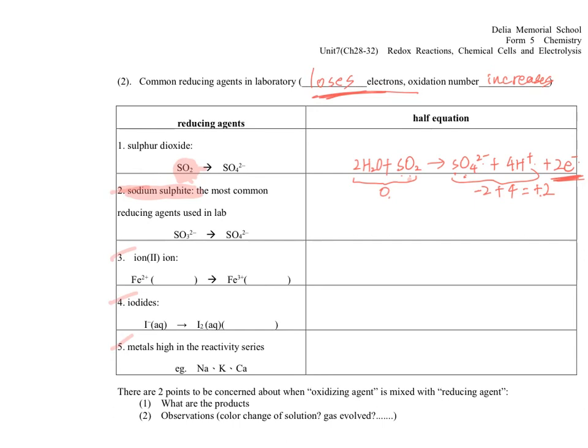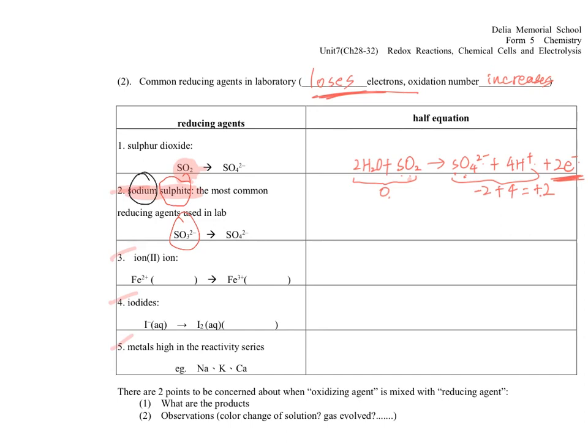Is sodium the common oxidizing agent or reducing agent in these two tables? No, it's not. So sodium will not be involved in the reaction. Instead, we should write the half ionic equation for sulfide ion. Sulfide will be involved in the reaction. Sulfide will react.